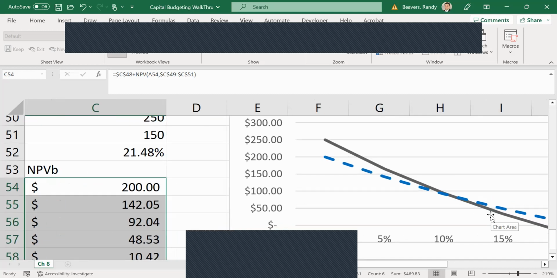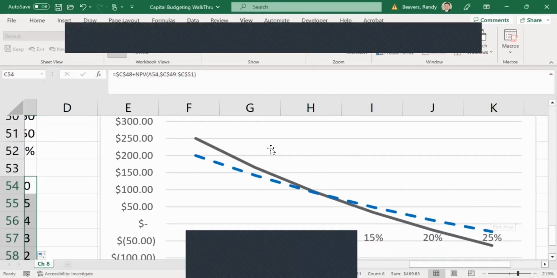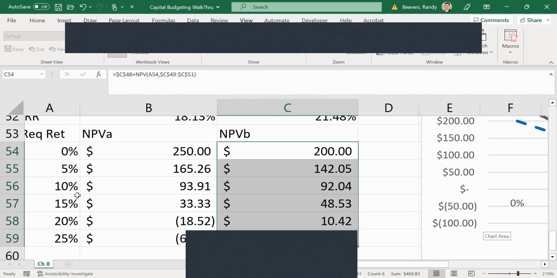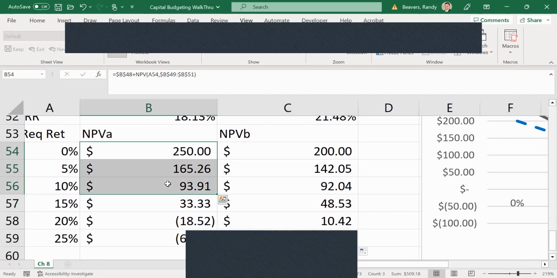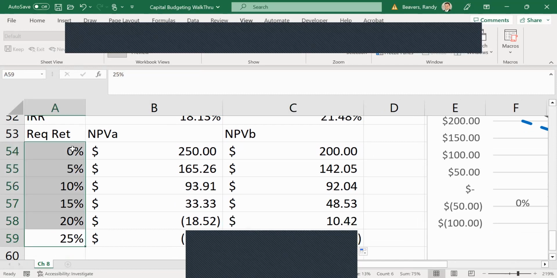So we can see this has happened across. We would pick the dark black solid line first for that NPV, and then we have a crossover, and then we would pick the dashed blue line because we always want the highest NPVs. So in other words, we would choose these, followed by these, depending on the interest rates.